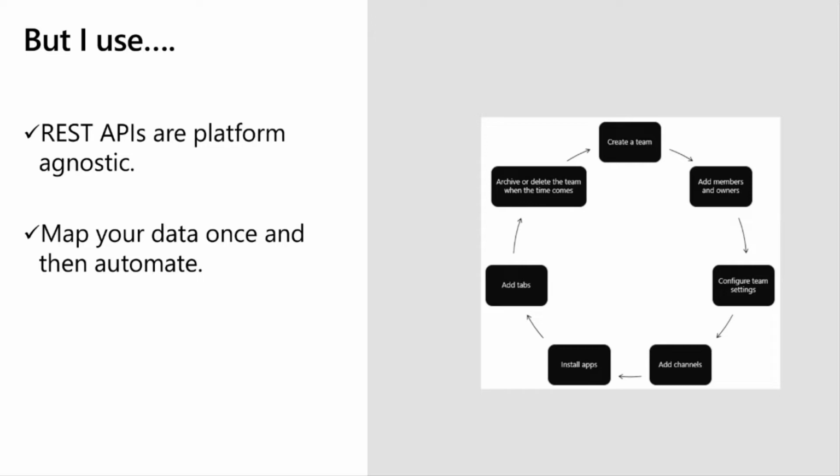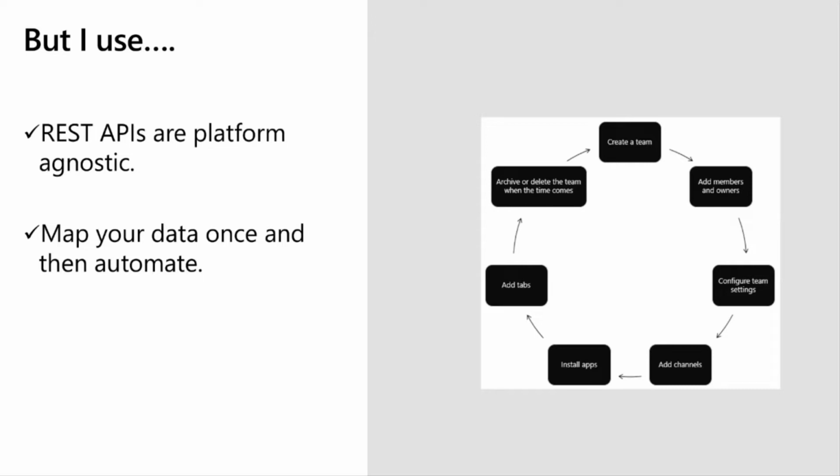So whether you're using, say, Canvas, Blackboard, Moodle, Banner, or one of the many other platforms that are available out there that you might want to either have data in sync with, or create automation flows to complement, it's how we send the data between those platforms that allows us to have these effective workflows and create automation solutions. And this is the key part of what we'll be covering today, the ability to map your data once and then automate those experiences.